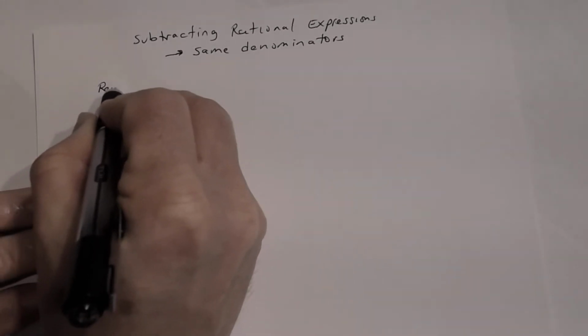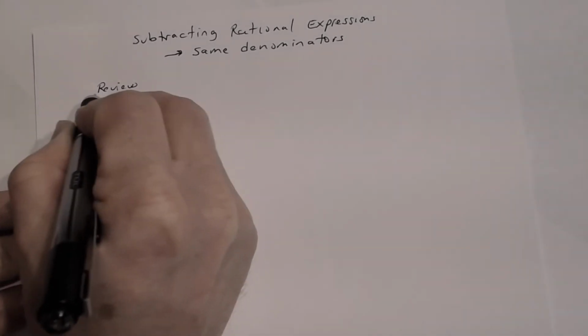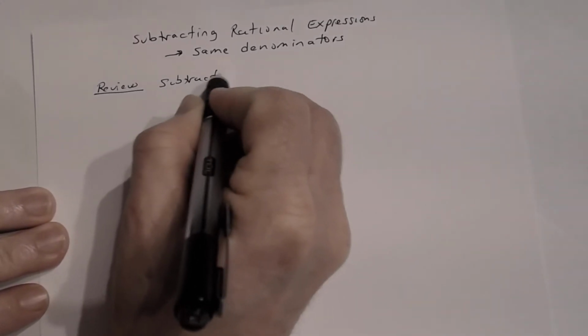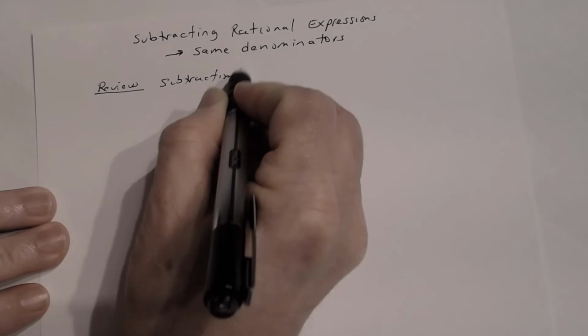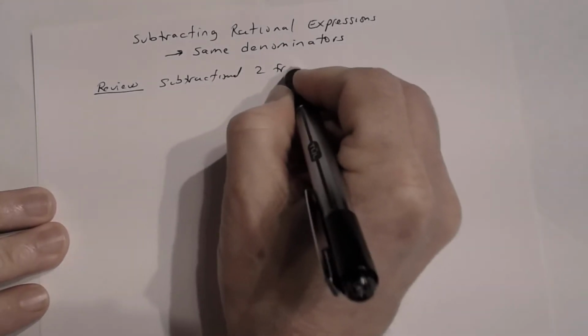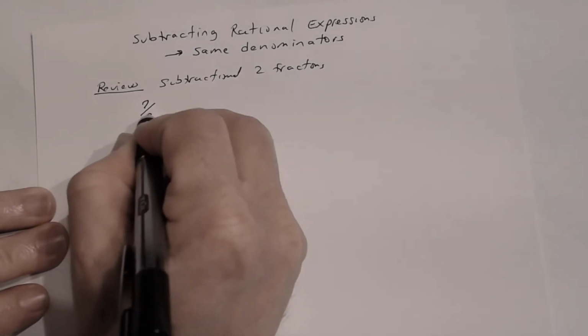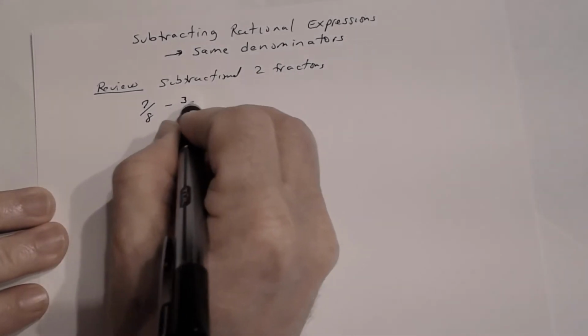So, for this problem, remember we're subtracting rational expressions here, so this will be subtracting two fractions. Let's suppose we had 7 eighths minus 3 eighths.